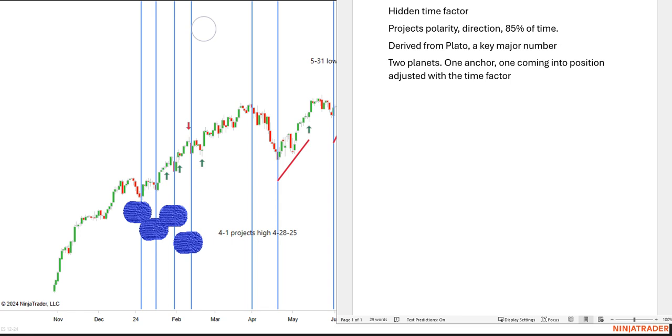Monday morning, October 28th. I'm going to take a look at something planetary. This is a hidden time factor. Normally, when you think of a time factor, you're looking at a time period or a multiplier to increase a base number or a cycle number.